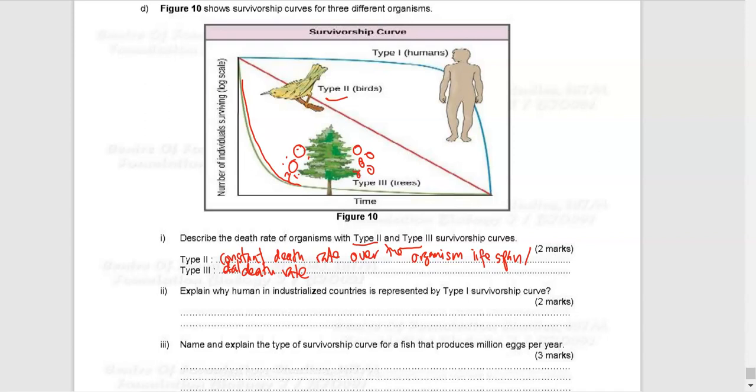When the tree reaches a mature age, it will survive a lot longer. Macam contohnya pokok kayu balak lah, kan. Pokok kayu balak menghasilkan banyak biji, kan. Bukan semua biji tu akan tumbuh, dan bukan semua yang bercambah akan jadi pokok yang besar. Tapi bila dah besar, dia akan mempunyai jangka hayat yang lebih lama.